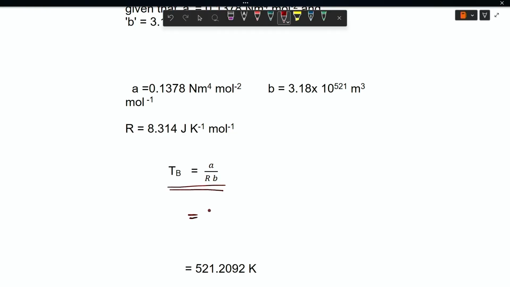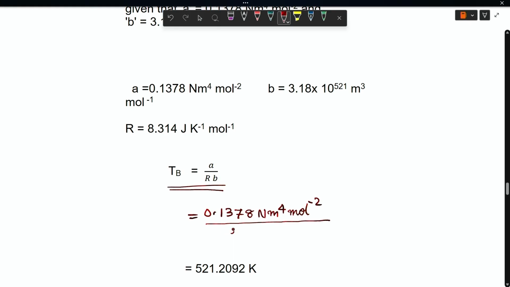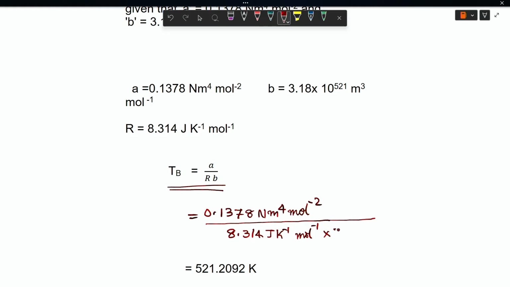Now, substituting the values, 0.1378 newtons meter raised to 4 mole raised to minus 2, whole divided by R, 8.314 joules per Kelvin per mole, and B is 3.18 into 10 to the power minus 5.